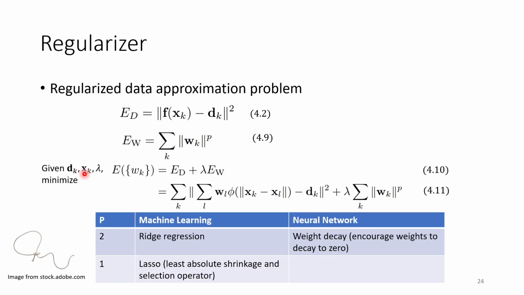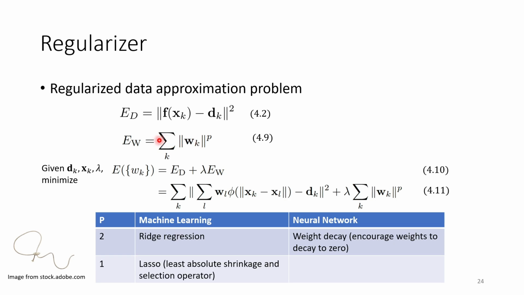The solution is to regularize those weight coefficients. So here we add a new term, called the error of the weight. It's very simple: just calculate the sum of the absolute values of the weights, or the square terms of those weights.